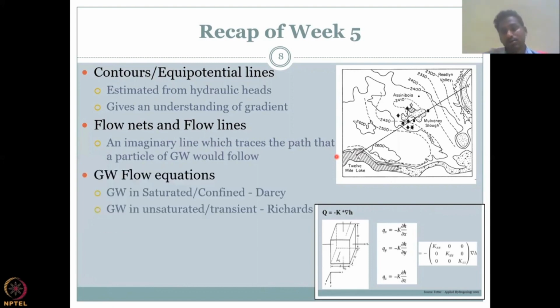Then we also looked at groundwater equations, and mostly groundwater in saturated, confined can be given by Darcy's equation, and groundwater in unsaturated and transient is given by Richard's equation. On the whole, we saw that Darcy's law can be used for most of the systems, and even in systems where Richard's equation can be used.